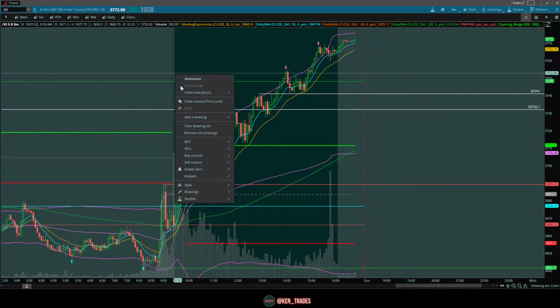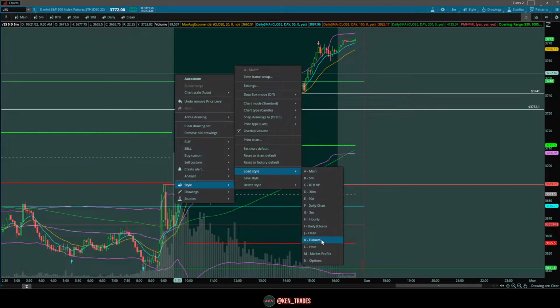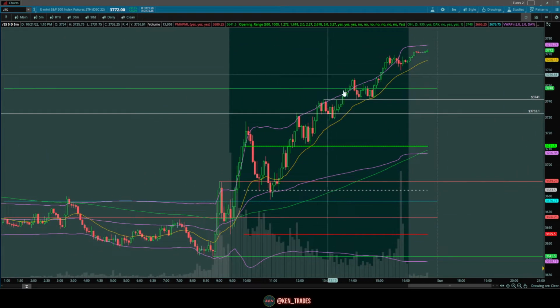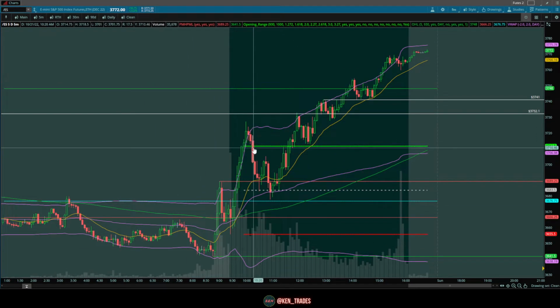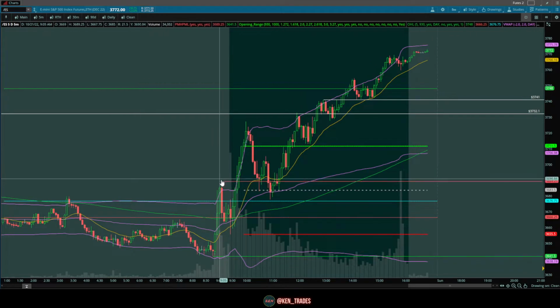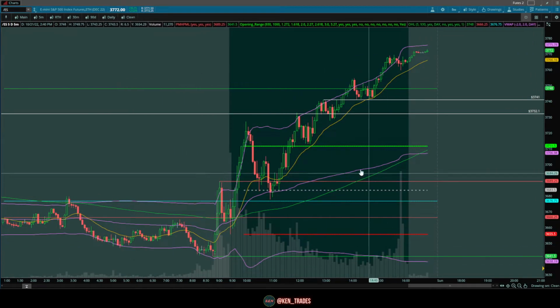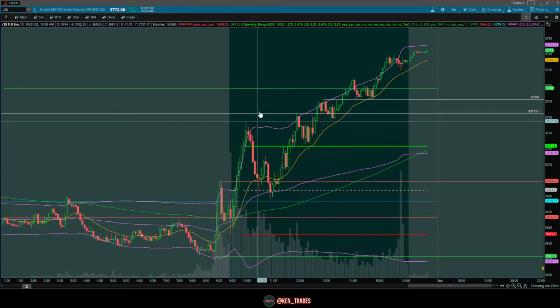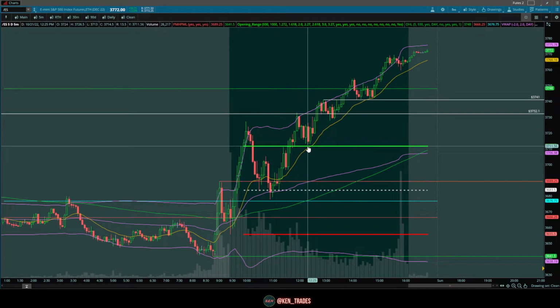That is why on my futures tab, this is all my indicators: opening range high, 30-minute opening range, pre-market high, overnight low, 200 EMA, VWAP, the standard deviations.